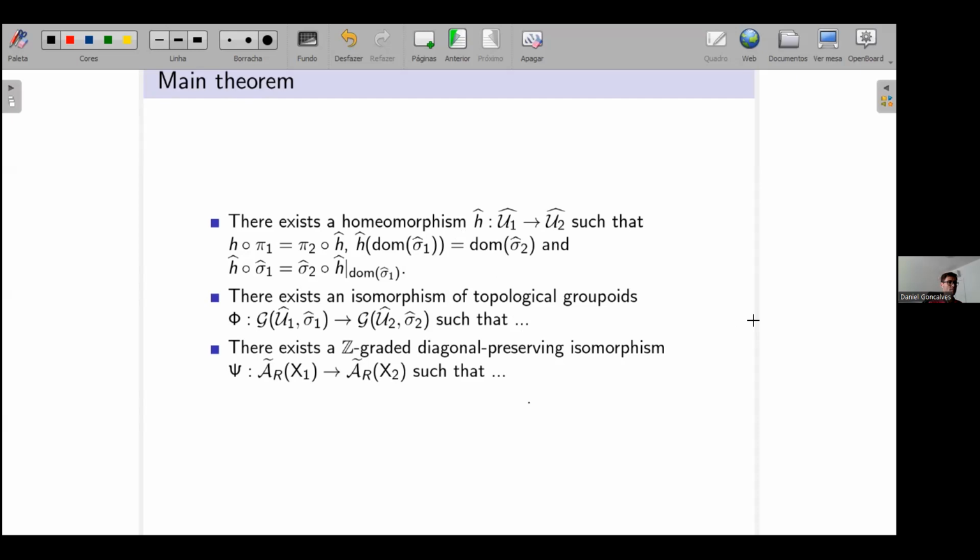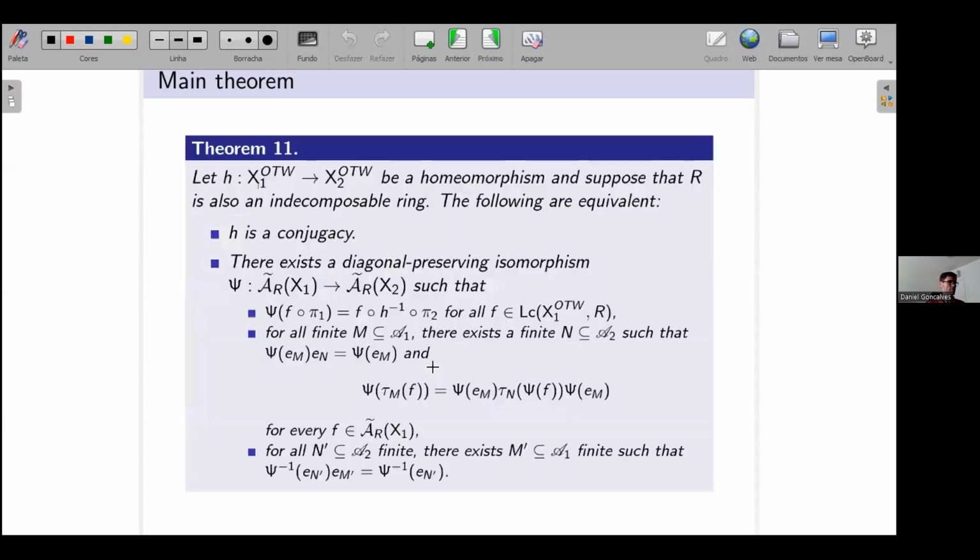I want to ask one question, since we are here. Doesn't the shift induce a homomorphism of this space U hat? They're Cantor sets, so they're homomorphic.